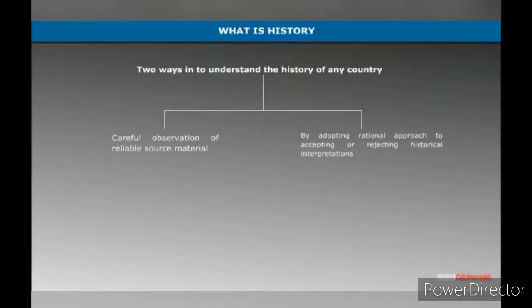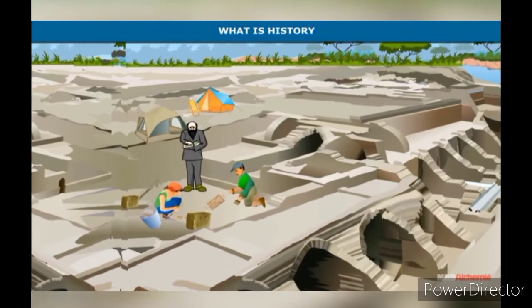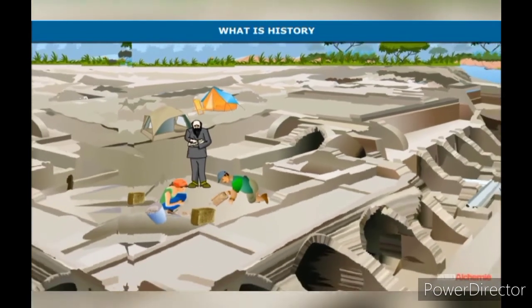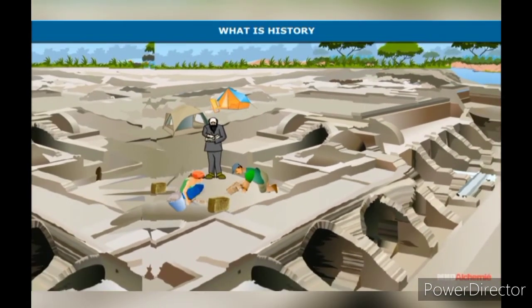There are two ways in which we can understand the history of any country. One, by careful observation of reliable source material, and by adopting a rational approach to accept or reject historical interpretations. How does one get hold of reliable source material? This is done by excavating, digging up old historical sites.